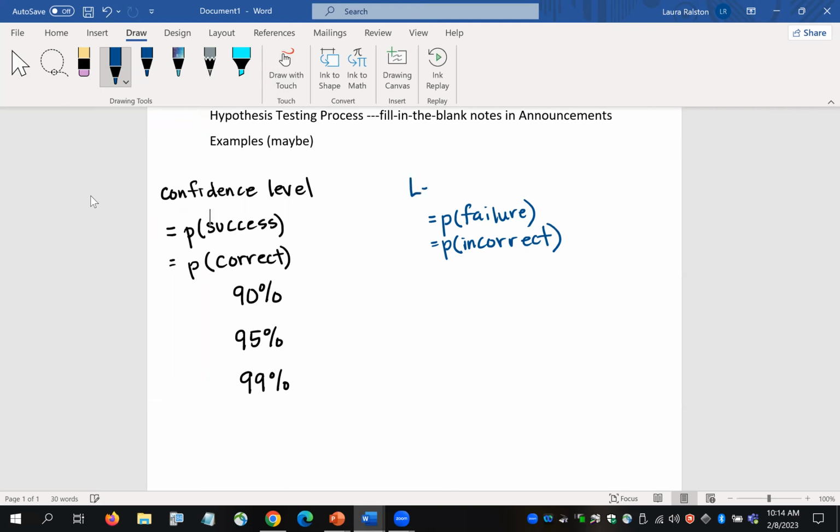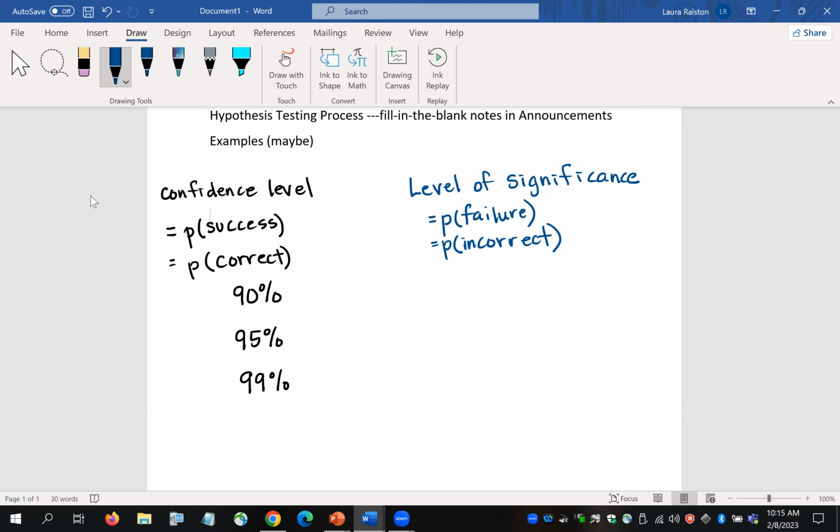That is called the level of significance, or you could call it significance level. And together, those two things have to add to 1 or 100%.